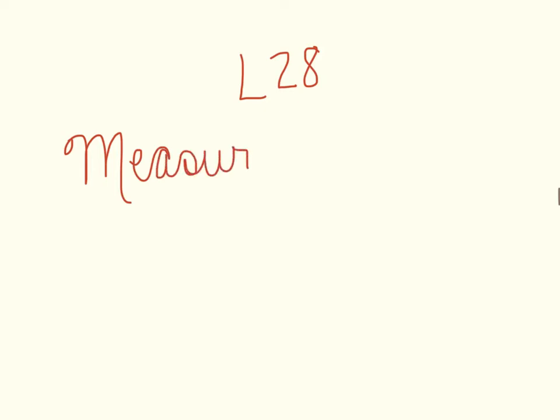Today we're going to be talking about lesson 28, which is measuring time and elapsed time. With measuring time, we're going to be using some of the terms that you're already familiar with, like minutes, hours, days, weeks.